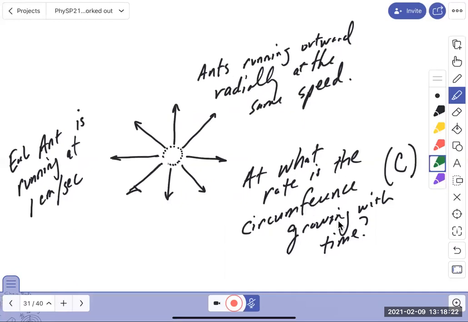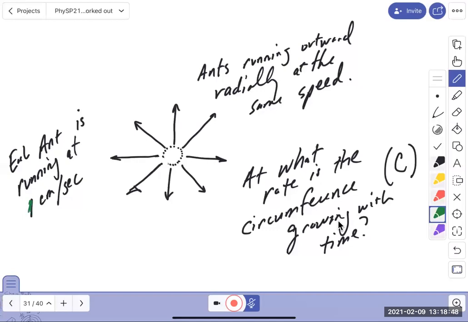Those 100 ants are all around the sugar water getting a drink. Then you come along and go boo, and they all take off running. Let's say the ants run at 5 centimeters a second. That's each ant's speed.